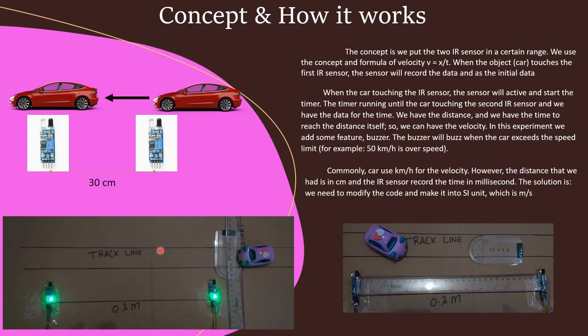The track line is to minimize the error caused by the shifting of the car. If we have the track line, the car should go straight like this. However, anything can make the car shift, and it can shift right like this. So we want to eliminate the shifting error, and we make the track line.